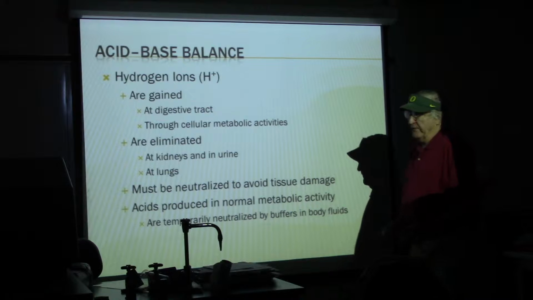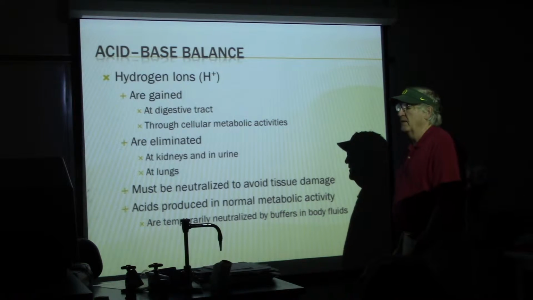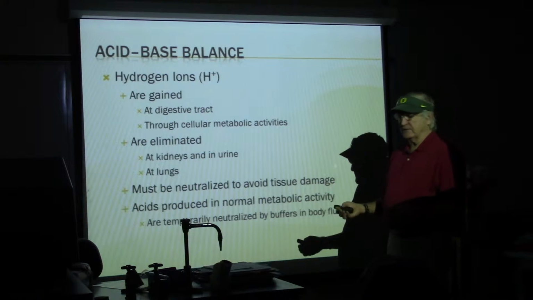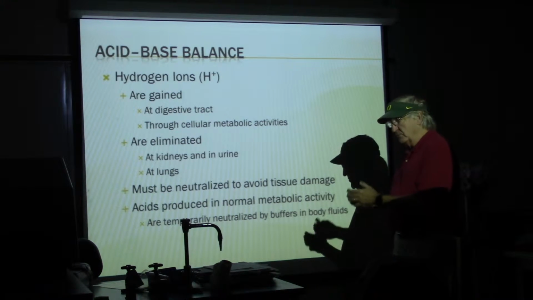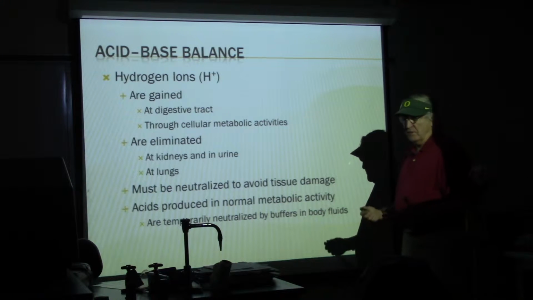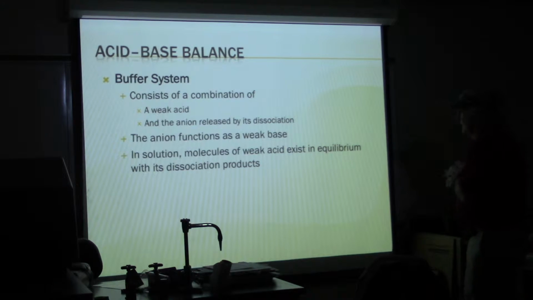It can be temporarily neutralized by a series of buffer systems that we have in our body. Buffer systems can help neutralize acid and neutralize base, but they're limited in ability and they can be overwhelmed very quickly. You still have to keep breathing to keep getting rid of that stuff.